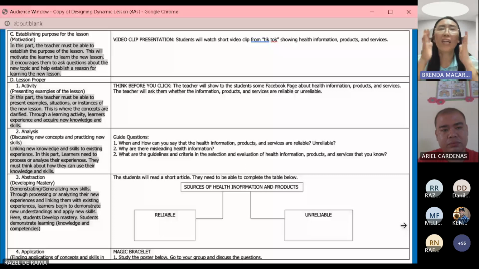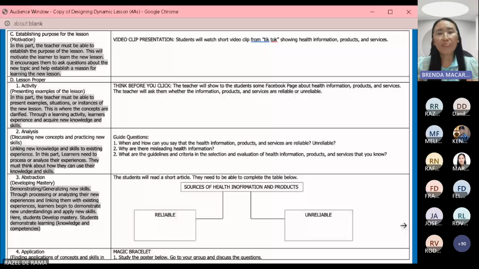So diyan pa lang, ipapasok mo na yung concepts, what the students need to learn based on the teaching and learning process na mangyayari, no? Diyan sa magiging presentation ng teacher with regards to the Facebook page. So, ikaw na bahalang mag-facilitate niyan. Using, of course, the questioning technique.